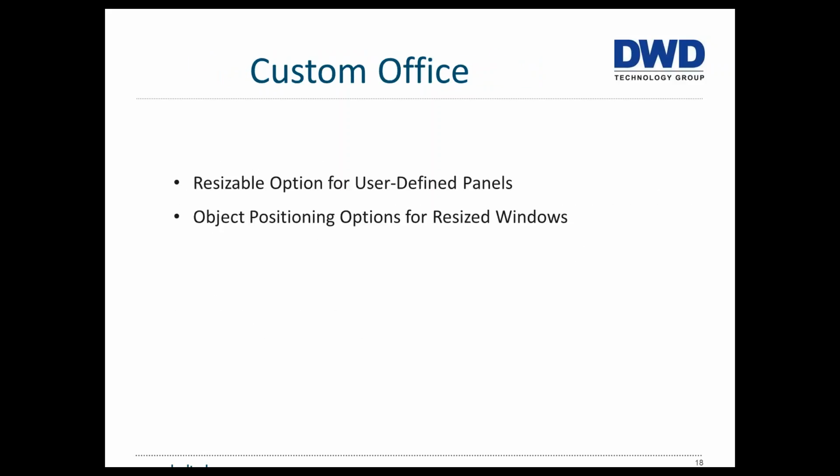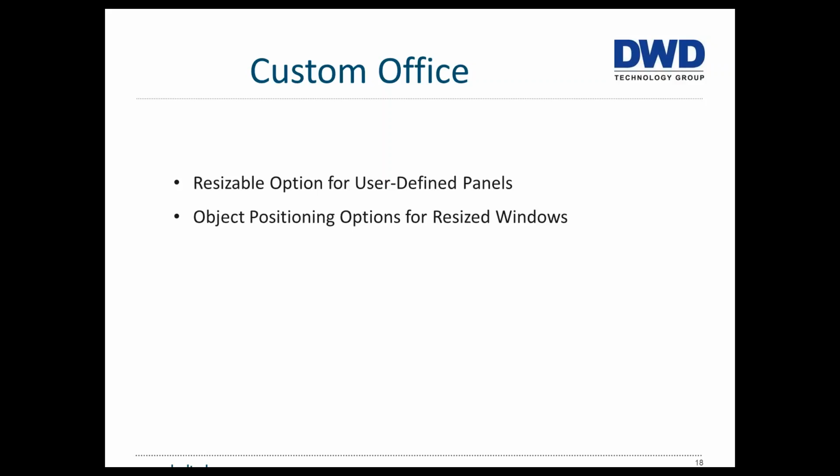In Custom Office, there are a few things. Custom Office, for those of you who may not be familiar, is the ability to change the information that displays or can be input on your data entry screens. We can add custom fields and put those on your data entry screens and have that information flow through the system. What we've got now is the ability to resize any user-defined panels.